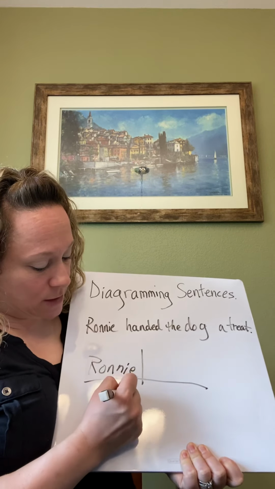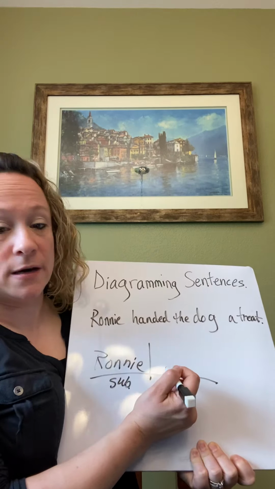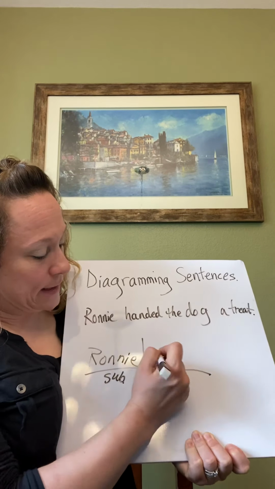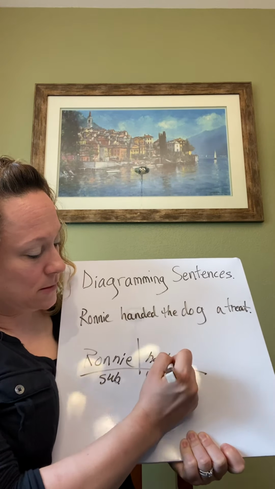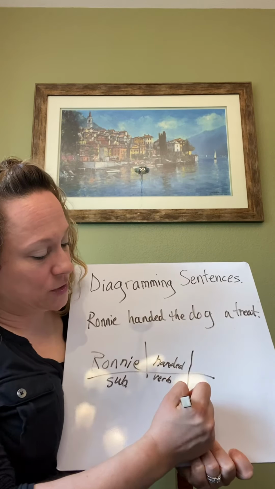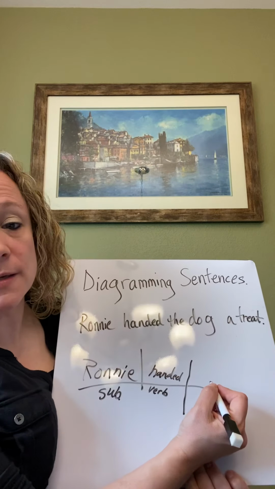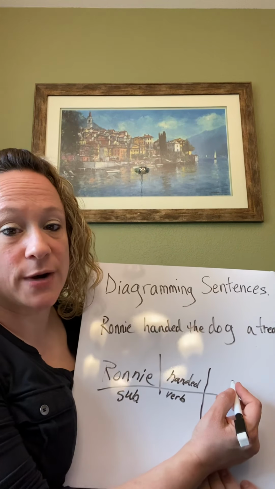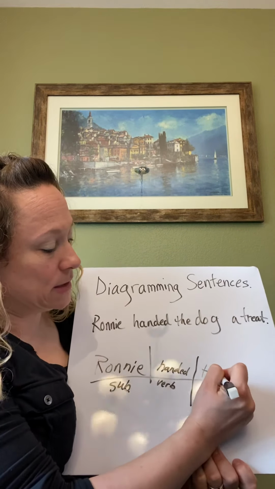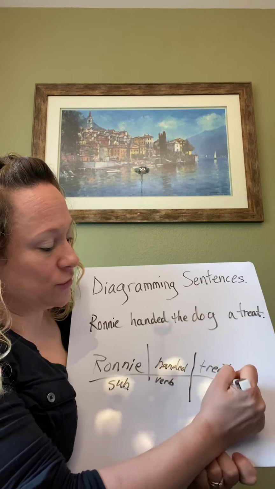And then the verb, your action word, is handed. And then remember with direct objects, we can just draw that next line. And handed what? What answers the question for the direct object. So that's your treat. And that's your DO.